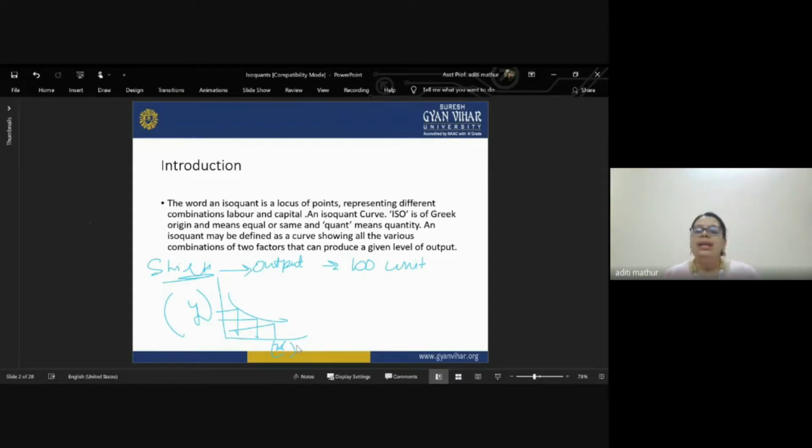Let us take an example where our inputs, or factors of production, are land and labor. The different ratios or combinations which help us always achieve the same level of output, when plotted on a graph and a curve is drawn, is known as your IsoQuant curve.